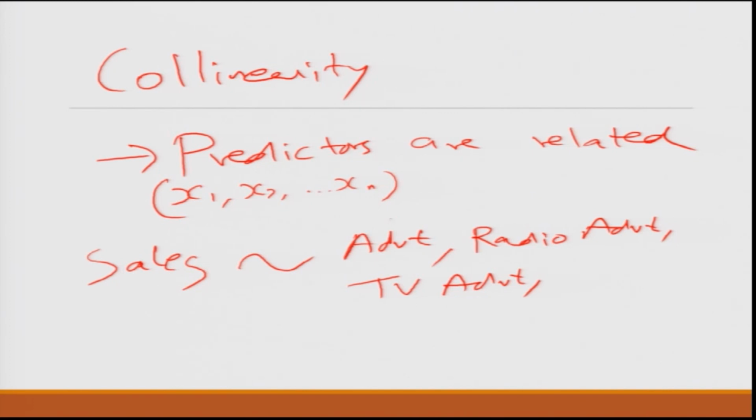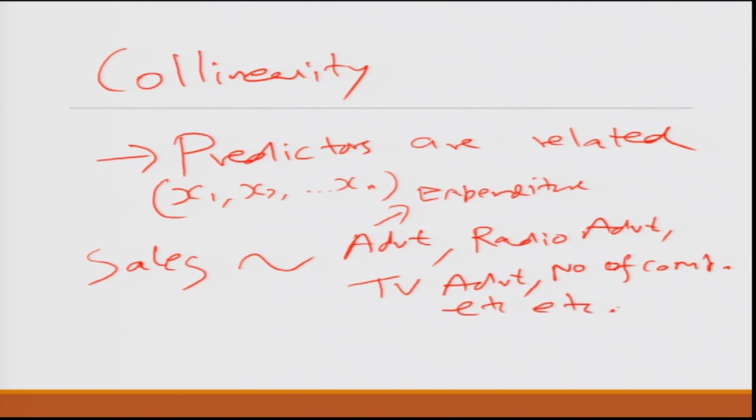In most cases expenditure will be the most common proxy used for each of these. So you have radio advertisement, TV advertisement, advertisement, and maybe a lot of other things, for example, number of competitors, etc.